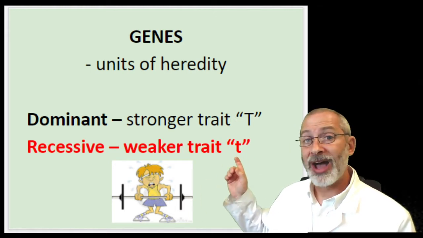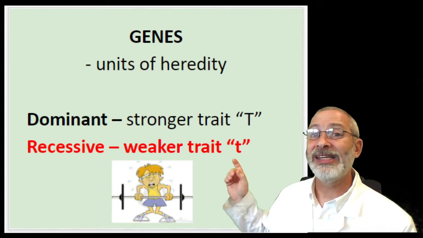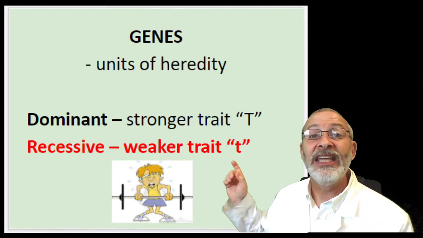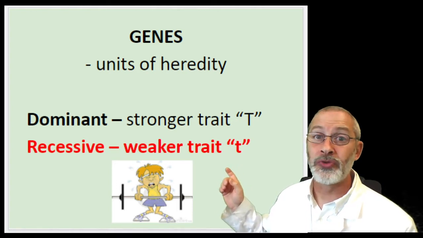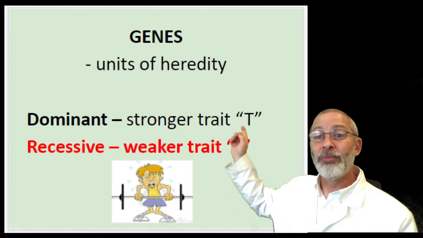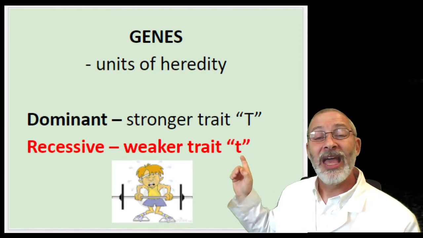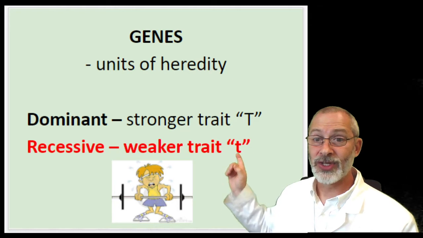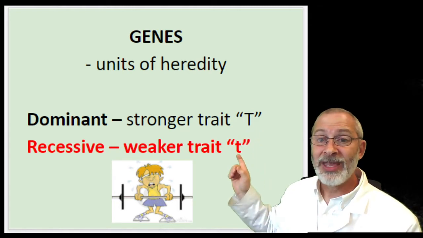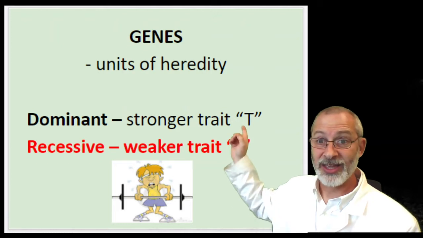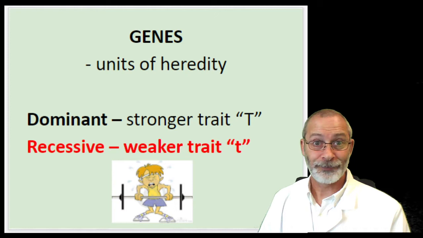So when you're writing this down in your notes, I can't emphasize enough the importance of neatness and being able to read your own writing and being able to distinguish between capital letters and lowercase letters. Hopefully you see the difference between a capital T and a lowercase t. Super important as we continue here.